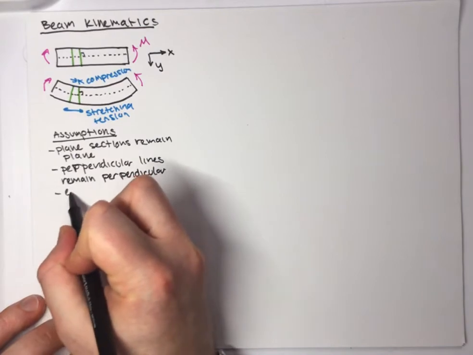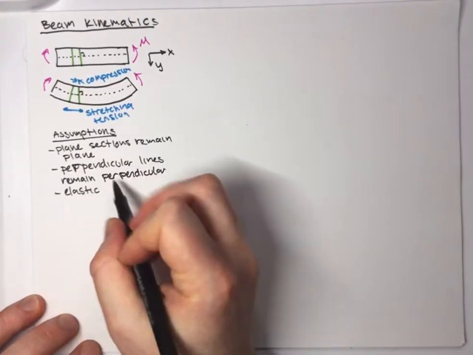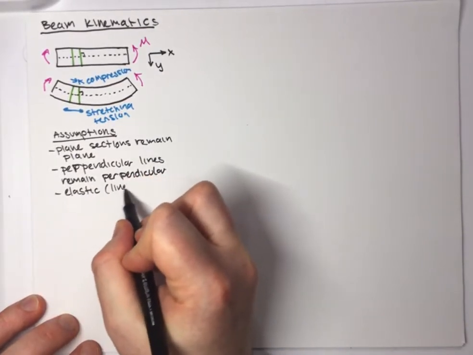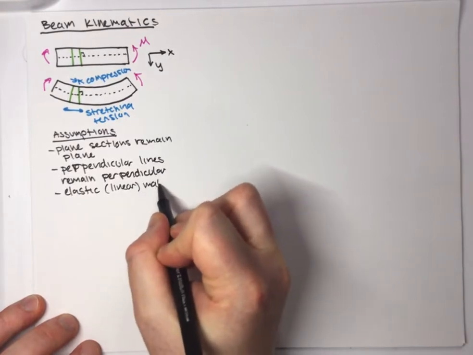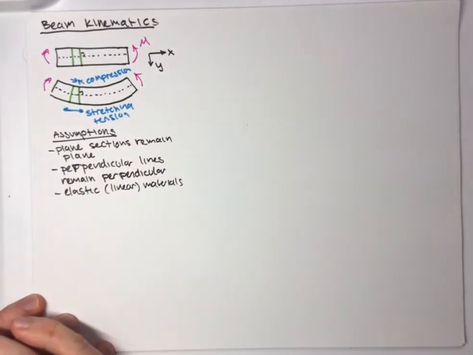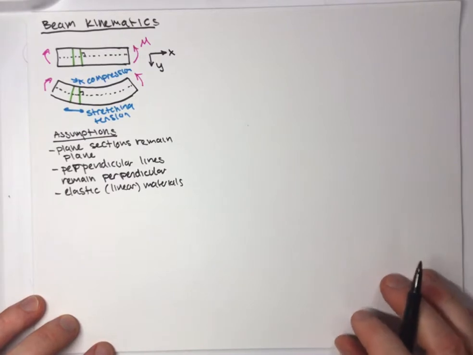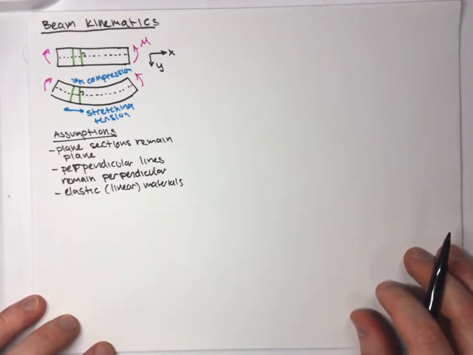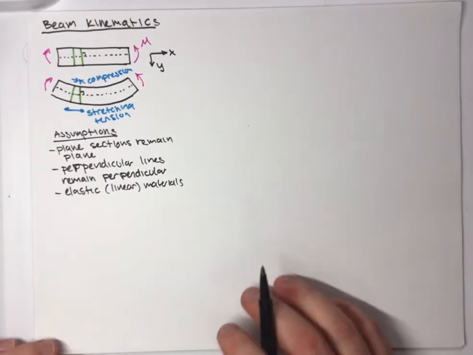And the last one is that we'll have elastic or linear materials. That means that we can use all of our constitutive relationships that we've developed before.